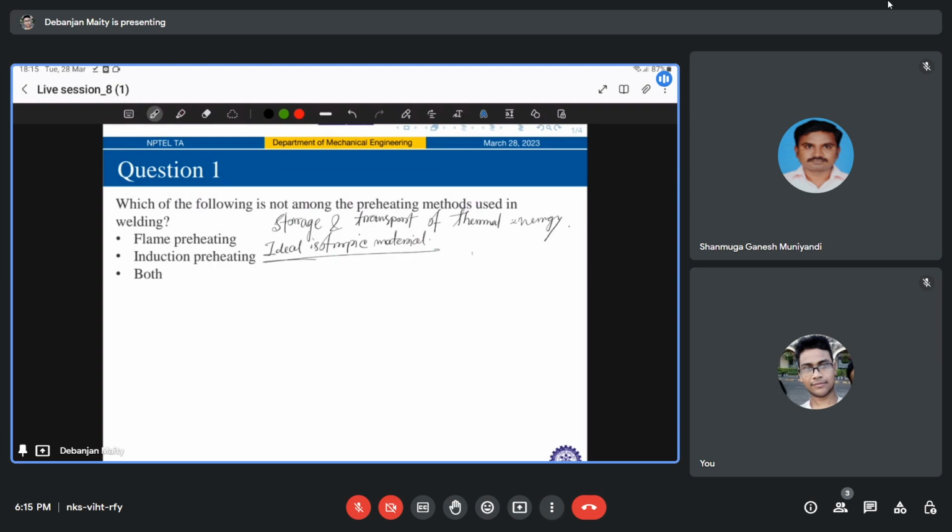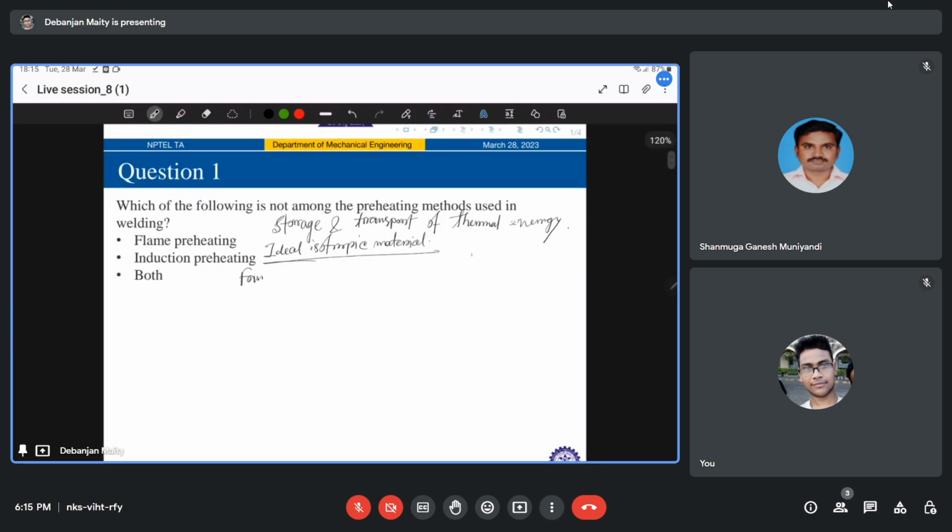For a completely ideal isotropic material, what can be the equation for this heat conduction? It is basically Fourier's law of conduction, right? Or else you can write it in this manner: ∂²/∂x² plus ∂²/∂y².